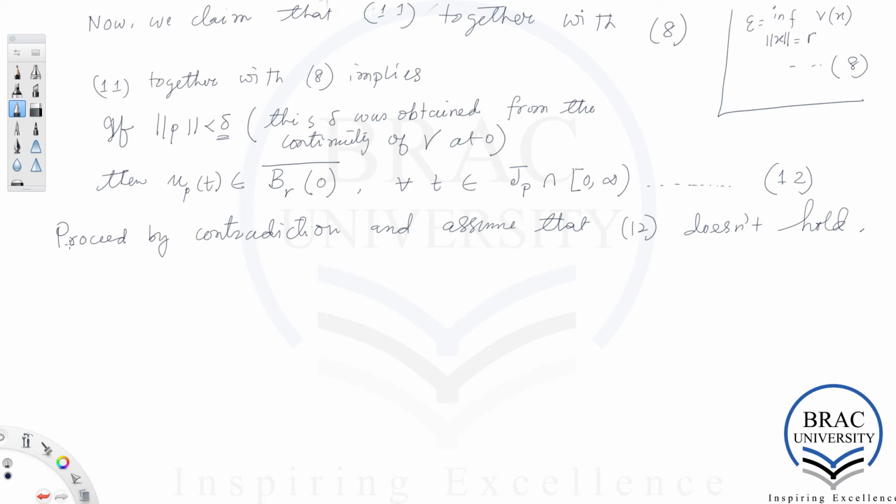Then, if 12 does not hold, there exists a time, which is of course positive, T1, such that T1 also belongs to this maximal interval of existence, so that T1 belongs to this intersection.